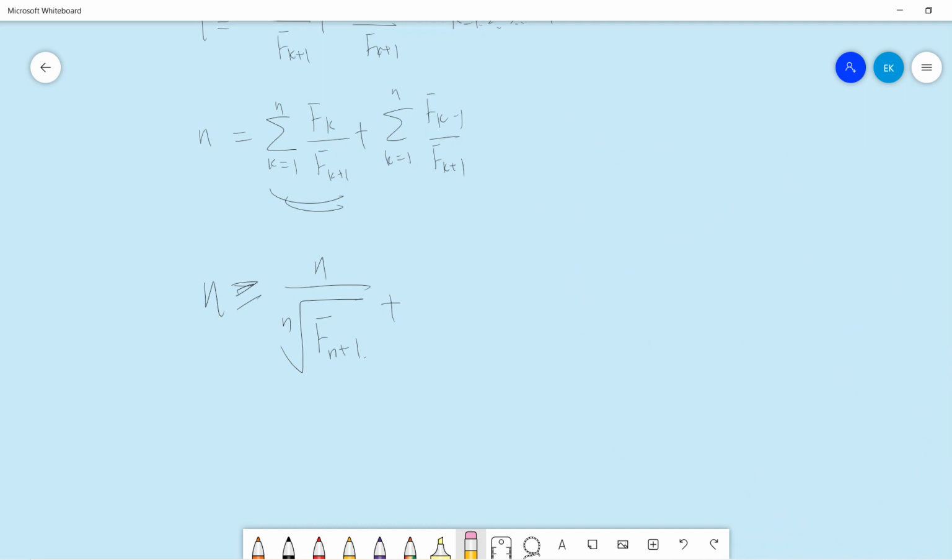The second term is the sum from k equals 1 to n of f(k-1) divided by f(k+1). Divided by n, it is greater than or equal to the product over k from 1 to n.